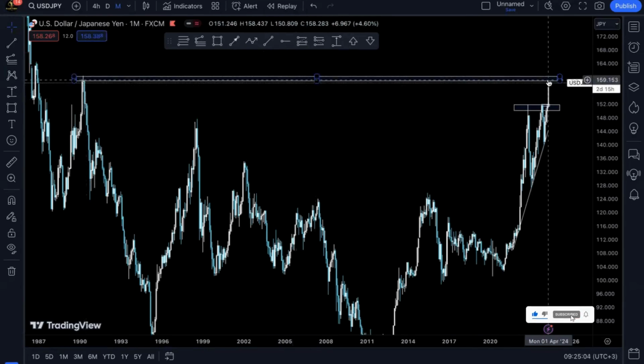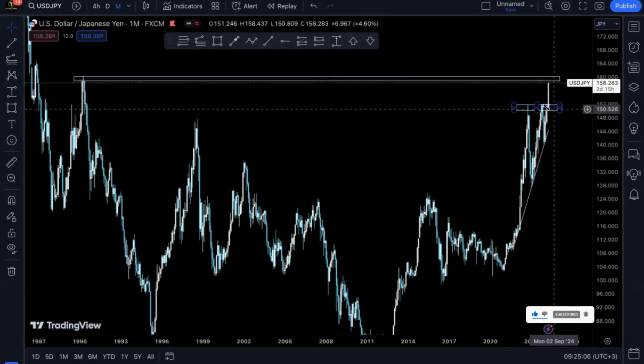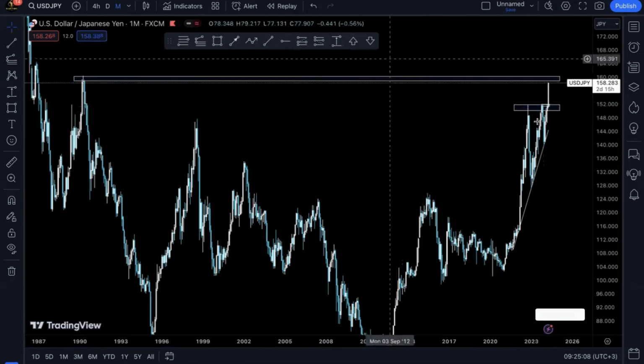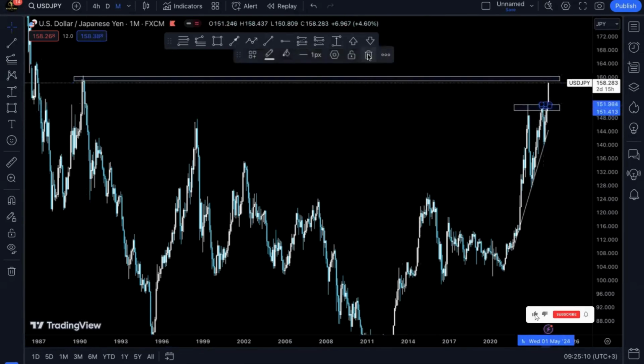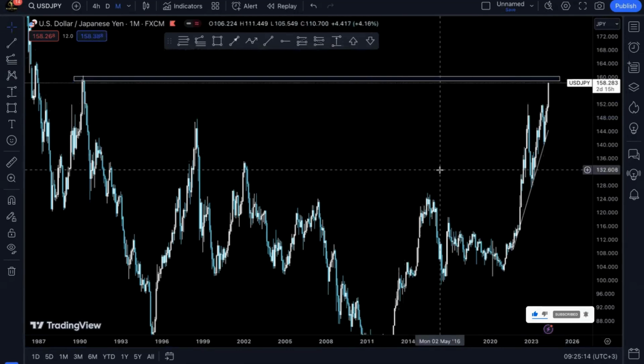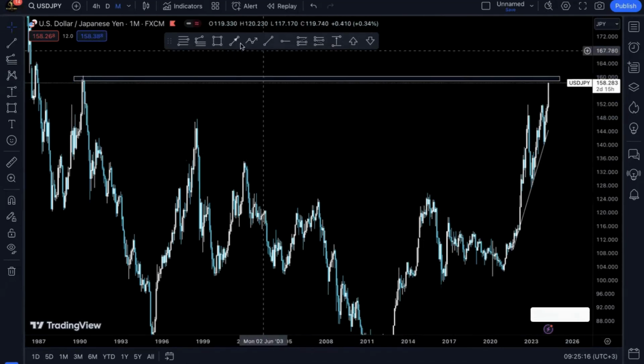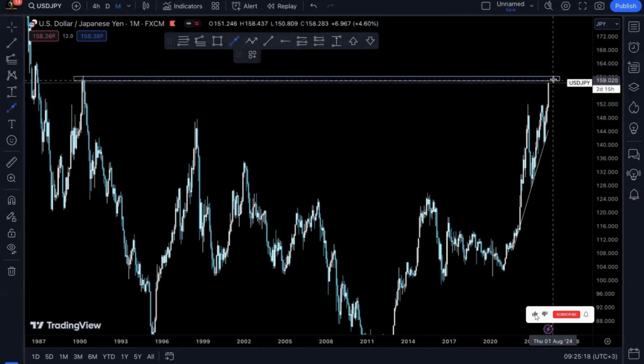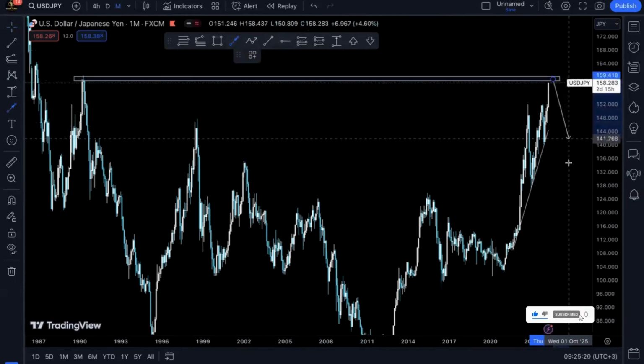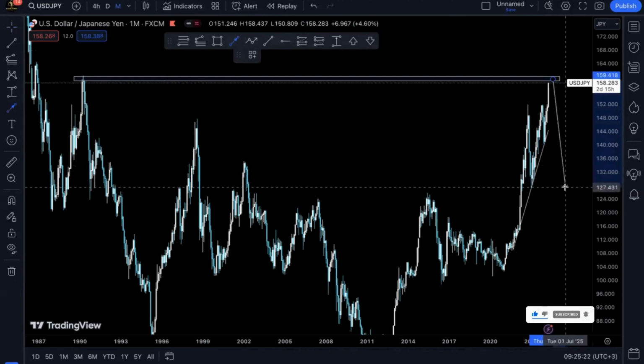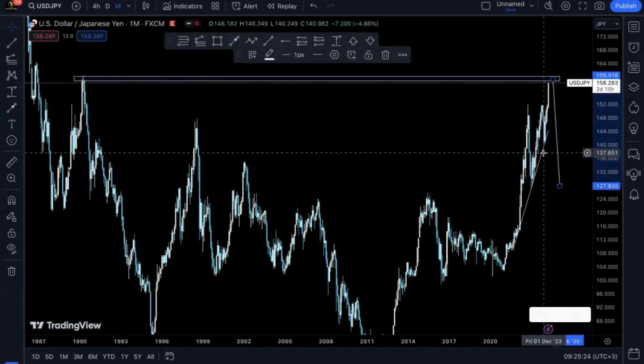So there's a very high possibility that prices will actually retrace after hitting that structure. And that's what I'm anticipating to see happen, because also on the JPYX, we are on a resistance. So I'll be anticipating to see some kind of a retracement here, for prices to retrace a bit until perhaps somewhere here.